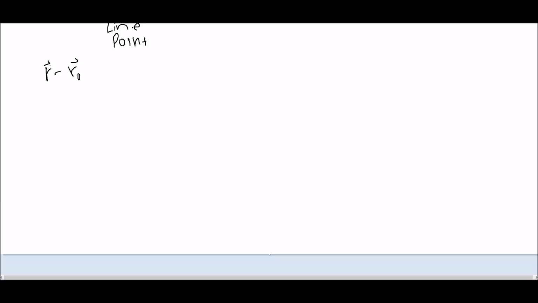And here we're dealing with r and r naught. Now our line can be given through the normal vector to the two vectors we're dealing with. Because we're dealing with two vectors, and before we learned the cross product, we know that a cross b will give us the normal vector between these two vectors.